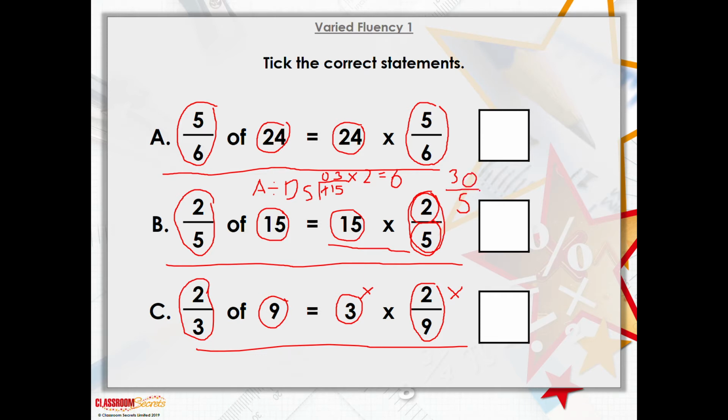Now I just want to convert that to whole numbers. So I go, how many 5 fifths? Because I know that 5 fifths equals 1. So how many of those 5 fifths, those whole numbers, are in 30 fifths? So I use my 5 times table: 5, 10, 15, 20, 25, 30. So actually 30 fifths is equivalent to 6 whole numbers.